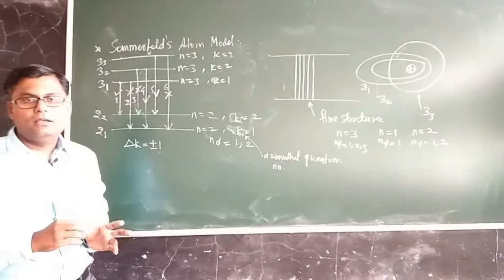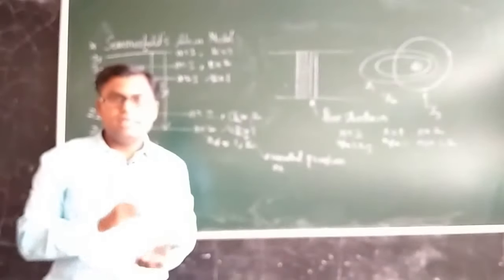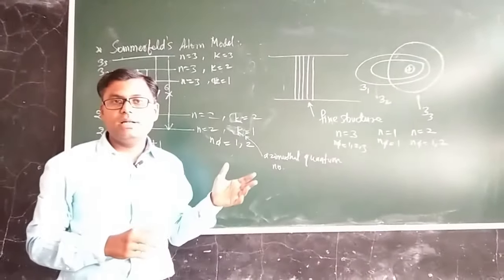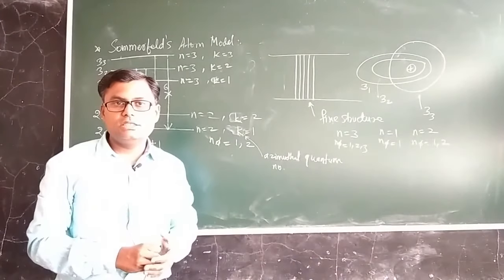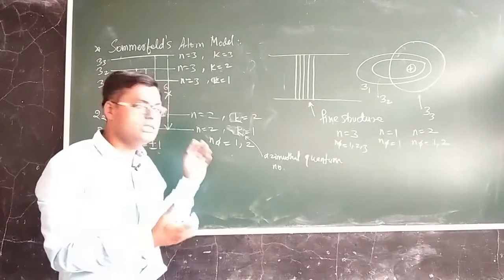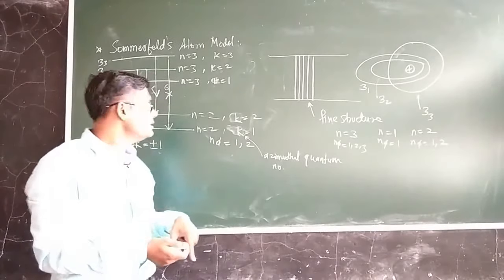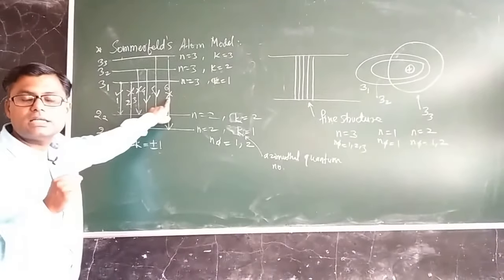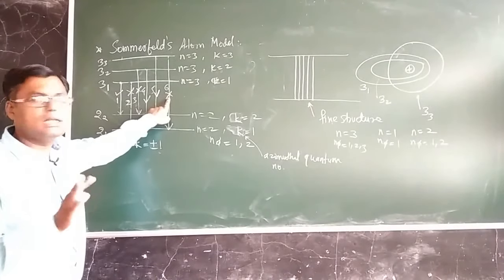So you see, when we applied Sommerfeld theory, we got 6 transitions. Now we realize that experimentally we have obtained only 5 transitions. So Sommerfeld applied a new concept, the selection rules. After applying the selection rules, 3 transitions have been ruled out. They are not allowed.